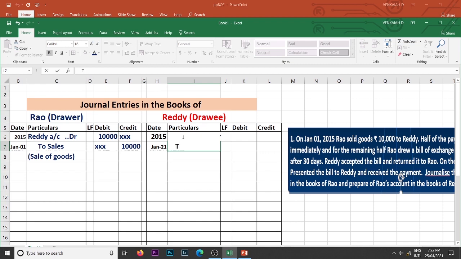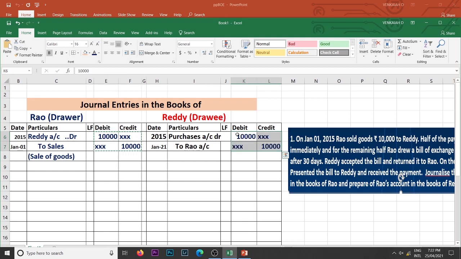The giver is Rao. It's 10,000. It is in color red. Goods purchased.